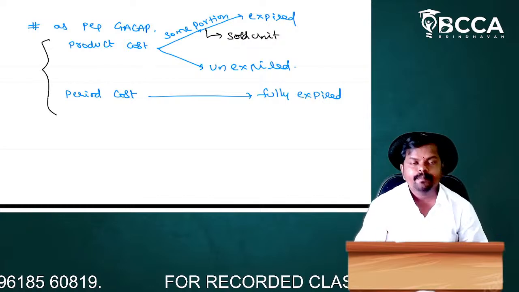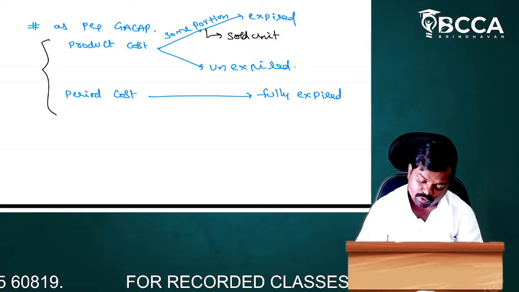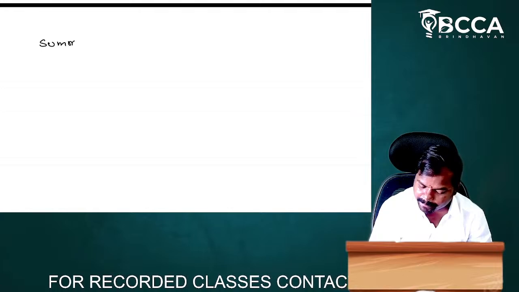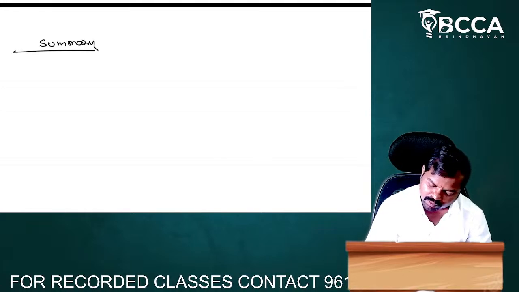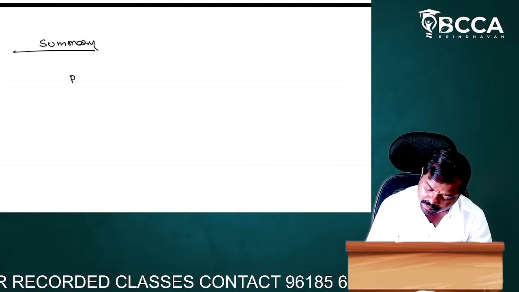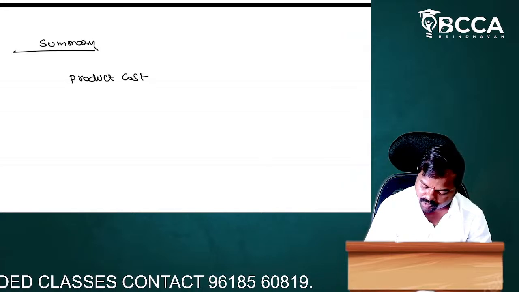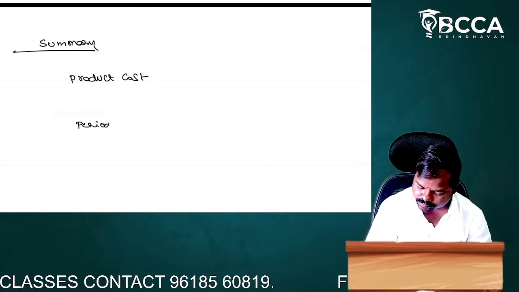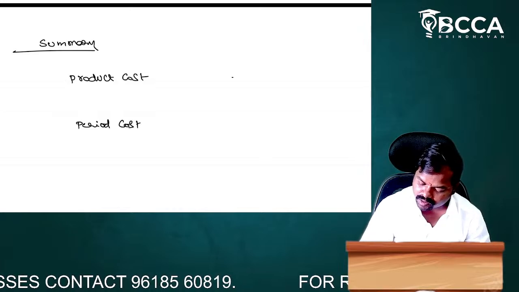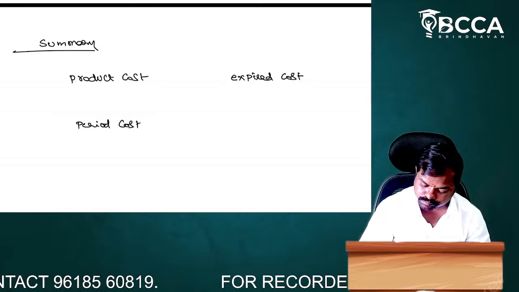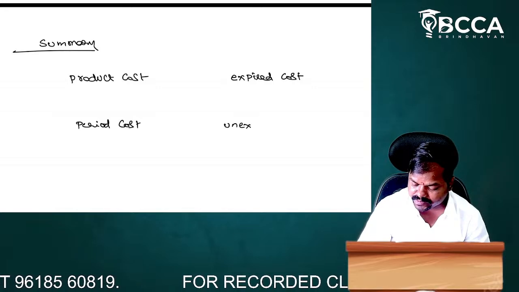This is a principle we should remember. We will write it as a summary: product cost, period cost, expired cost, unexpired cost.